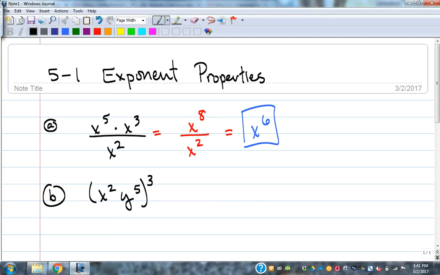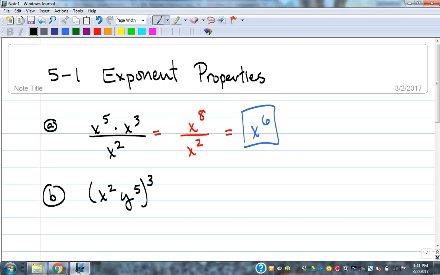All right, so here we have two different bases, and they're in parentheses with an exponent on the outside. Does anybody remember what this rule tells us to do with those exponents? That's right. It's like the distributive property.